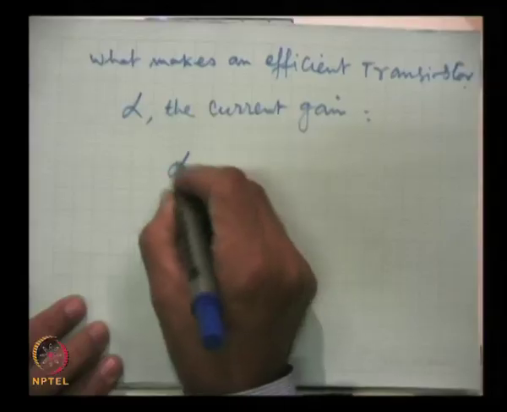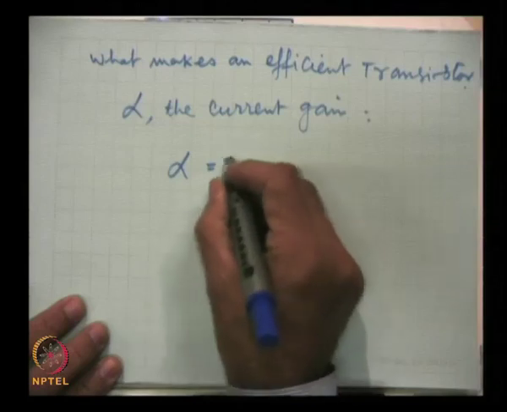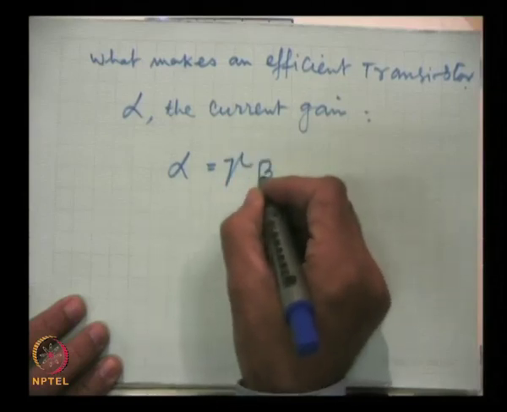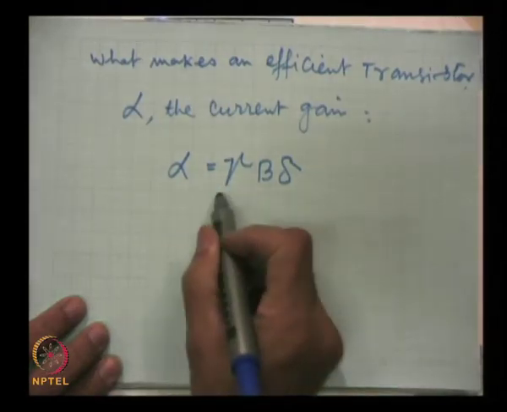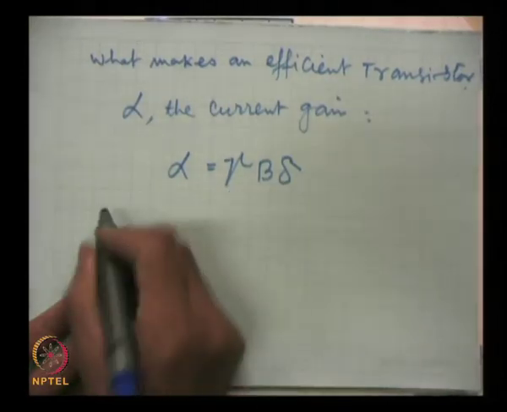So, alpha is equal to gamma B delta. These are called efficiency parameters.